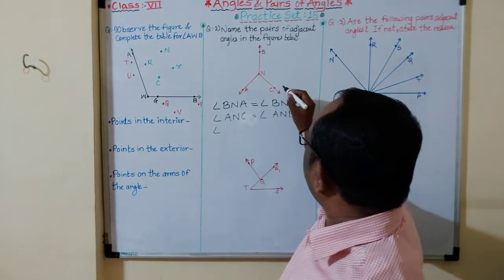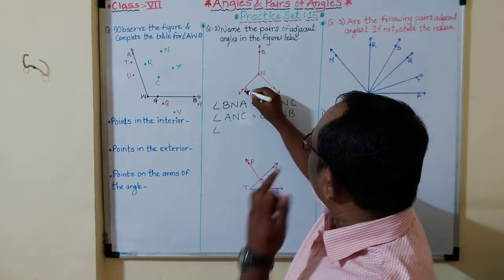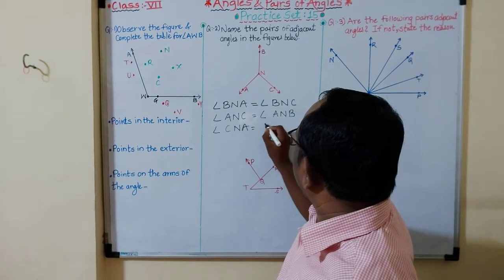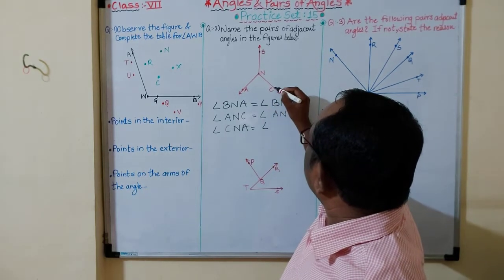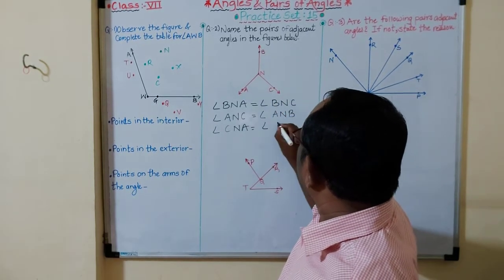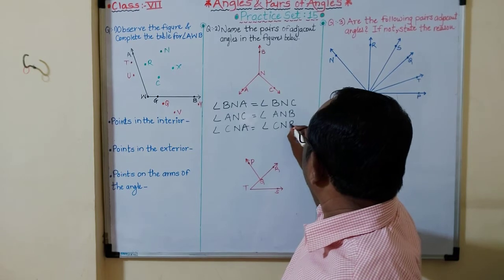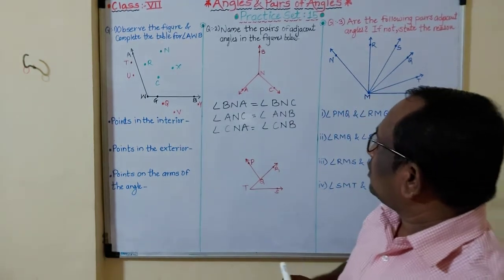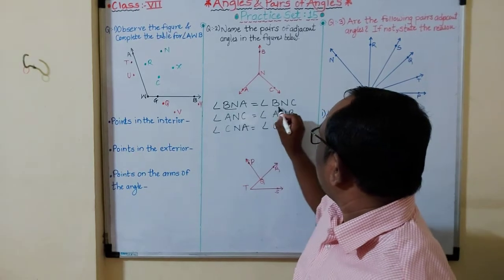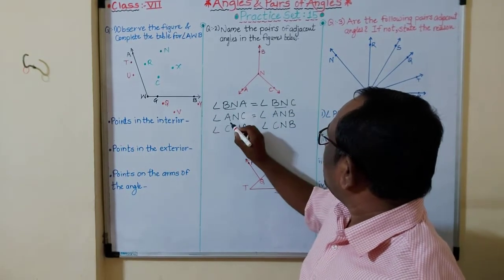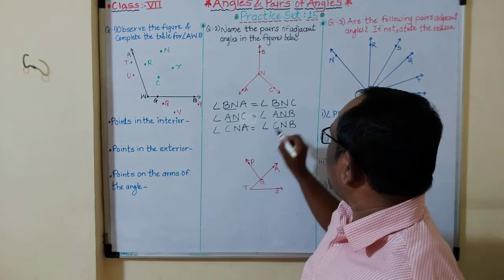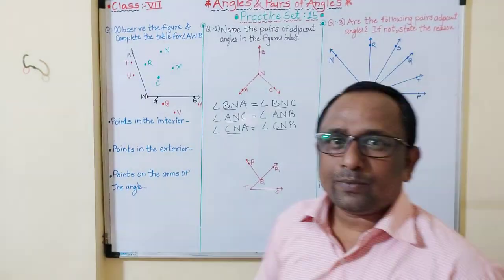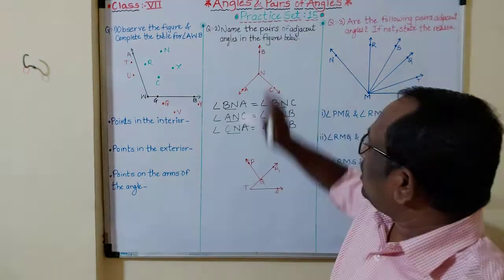And now the third one, angle CNA is adjacent to angle CNB. If you see here, BN is the common arm, here AN is the common arm, and here CN is the common arm. So this is the answer.